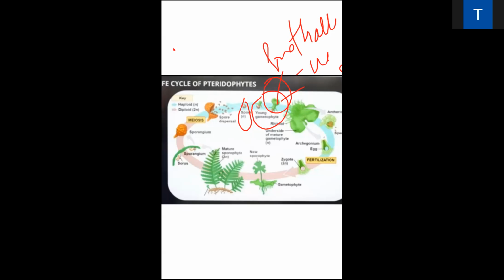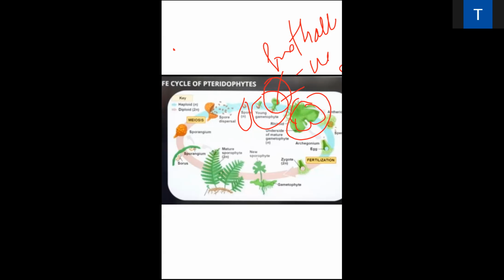A very large number of MCQs come from here. The prothallus is heart-shaped in pteridophytes. Is it clear? Here is the complete heart formation.